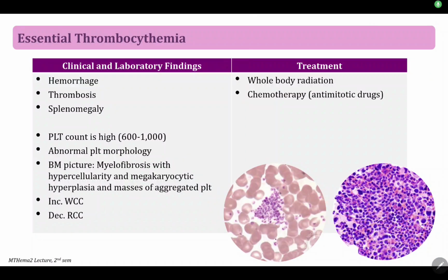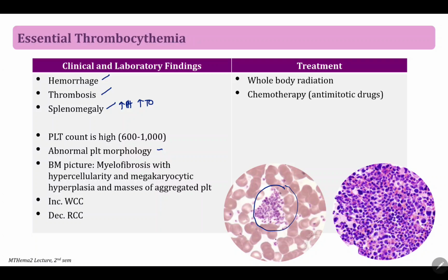Now, clinical findings in ET shows hemorrhage, thrombosis and splenomegaly because of the increased platelets, which leads to the increased turnover of your cells. Now, platelet count is high for up to 600 to 1,000 times 10 raised to 9 cells per liter. And then there could also be the observance of your abnormal platelet morphology, which shows clusters, large hyperlobulated, dense nuclei with increased variability in size.